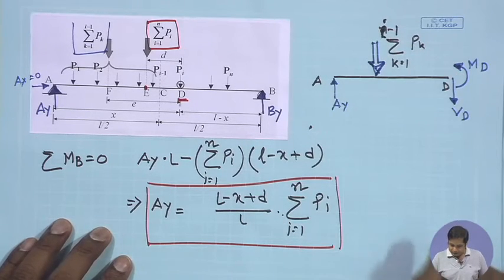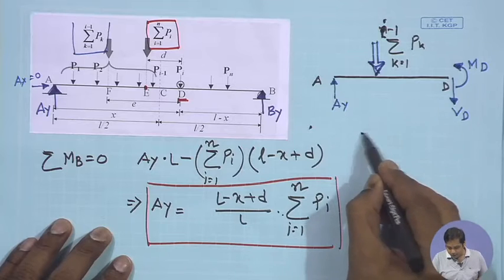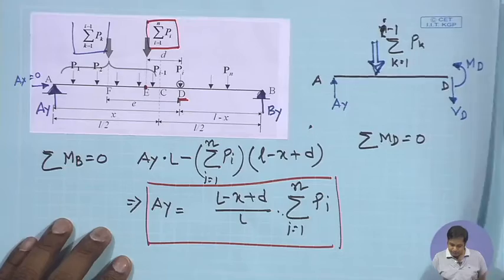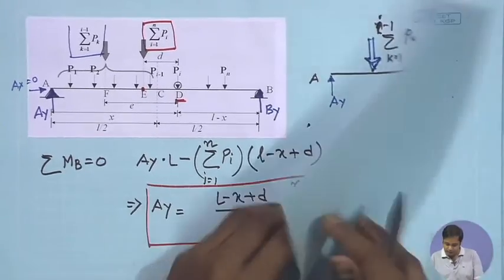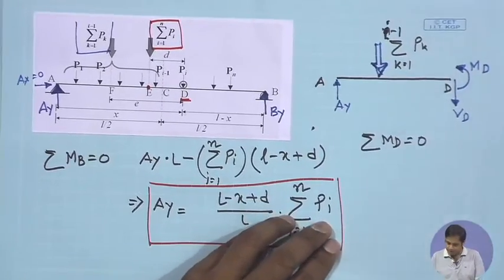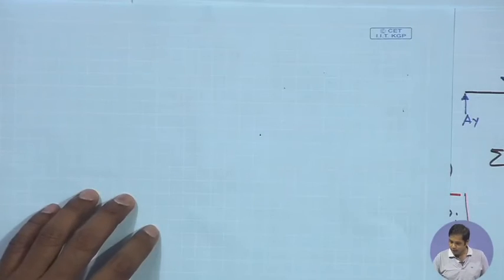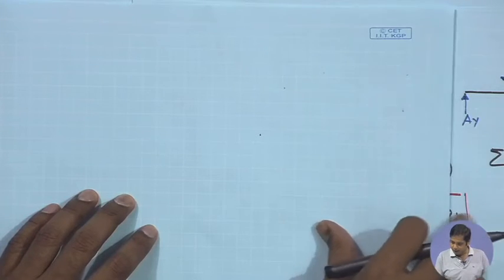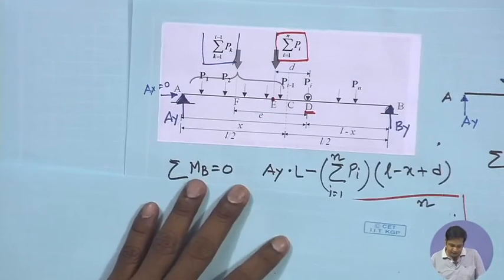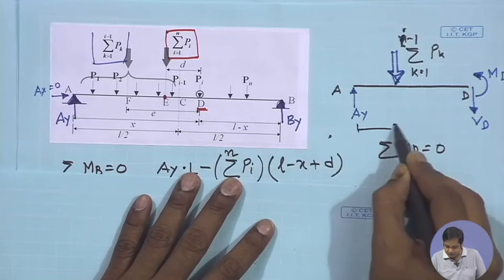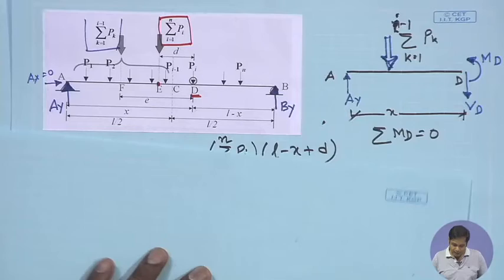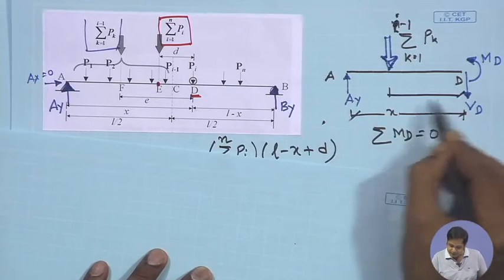Now, take moment about D. If we take Md equal to 0, then what expression do we have? We have Ay into this distance, and this distance is x, and this distance is e.